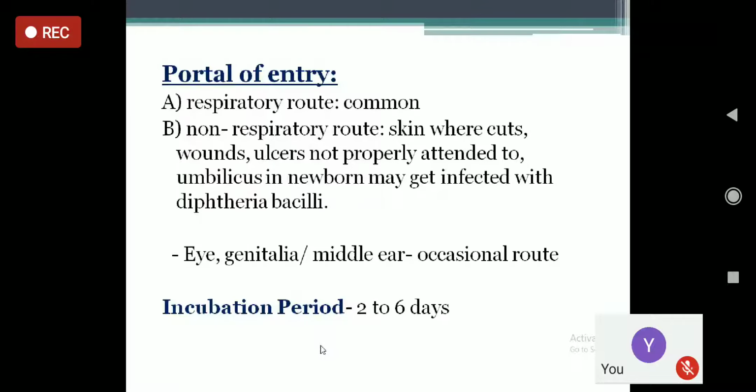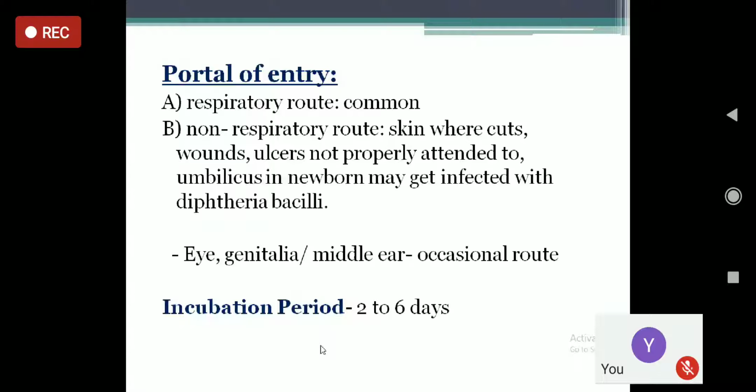That's why they apply chlorhexidine these days. They apply 4% chlorhexidine around the umbilical area once the umbilical cord is cut and disconnected from the mother. Entry through the eye, genitalia, or middle ear is very occasional.